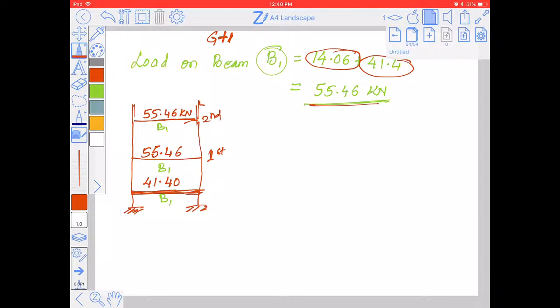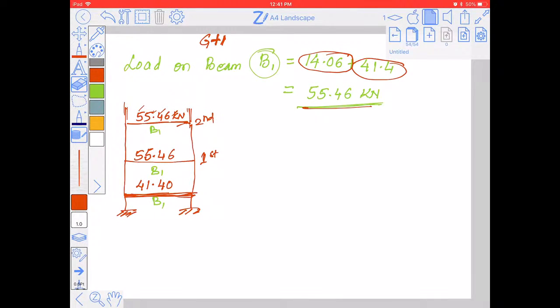Shivkumar? Here I am going to construct another floor, right? You'll get another 3 meter wall. So the load intensity on this beam I am taking as the actual load intensity, 55.46, and the first slab also carries the load of the wall as well as the load of the slab. So I'll be taking 55.46.